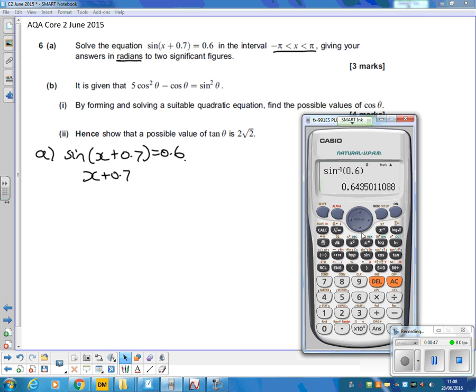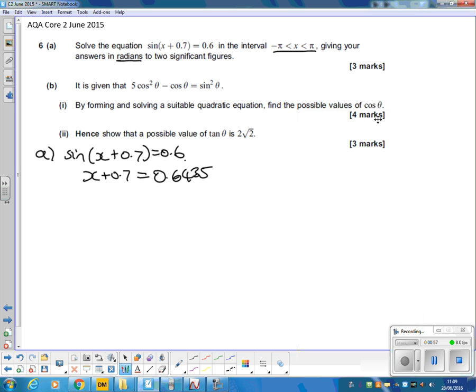Okay, so that's going to tell us the answer is 0.6435. Now we need to remember with sine, there's always going to be more than one answer. Okay, so there's an infinite number of answers.